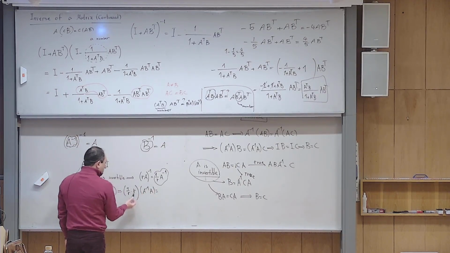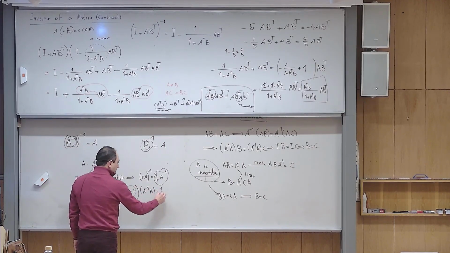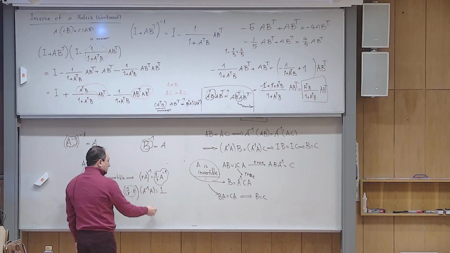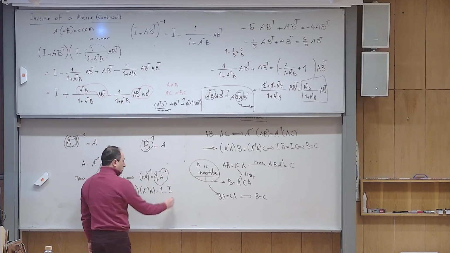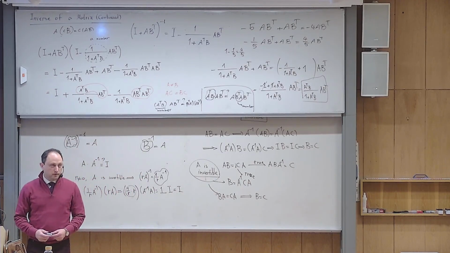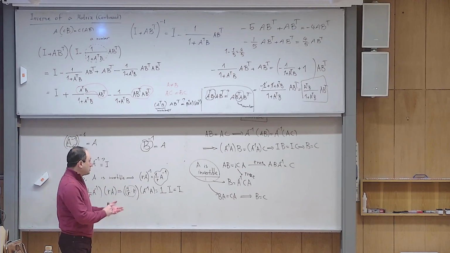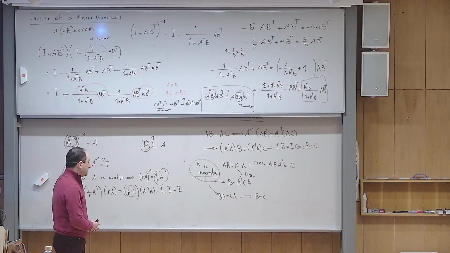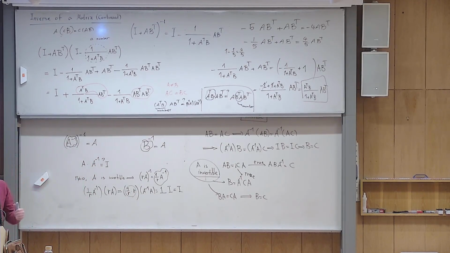But I know that R is a non-zero real number, so this combination is the number 1, and A inverse times A by definition of A inverse is I, and then 1 times I is simply I. That's the proof, yes? By the way, this way I also prove invertibility and that this formula is correct. Okay, let me repeat this again.